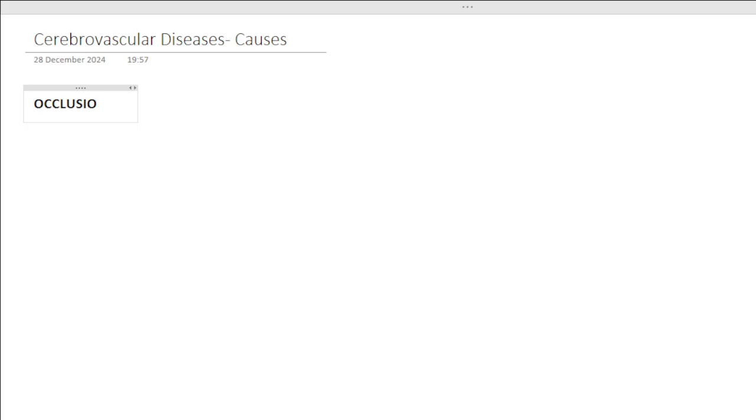Occlusion is 50%. So you can say atheromatous or thrombotic occlusion.